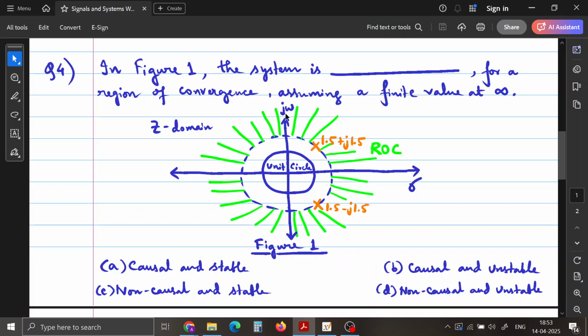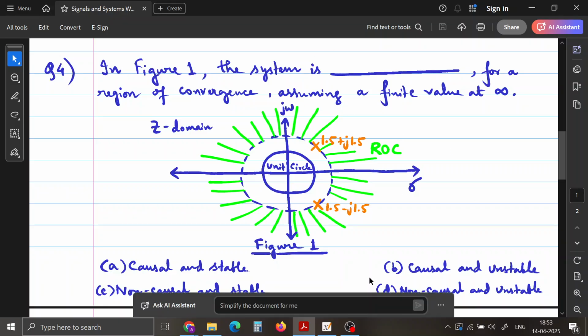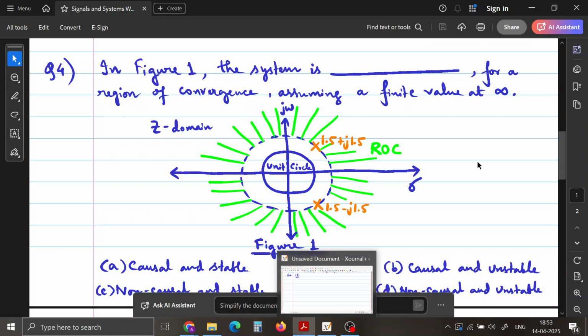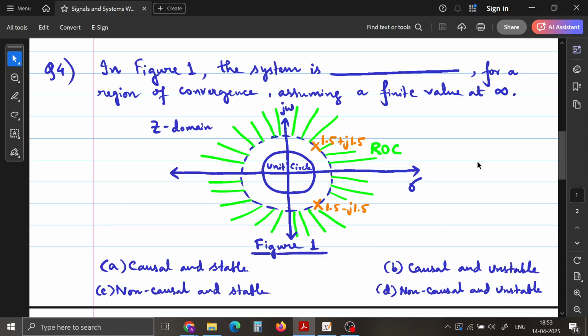Here we also have this notation sigma for the real part of z, and j omega is the imaginary axis. As I was saying, this is also another notation. So for this given ROC, from this given figure 1, you have to decide which of the following options is true.